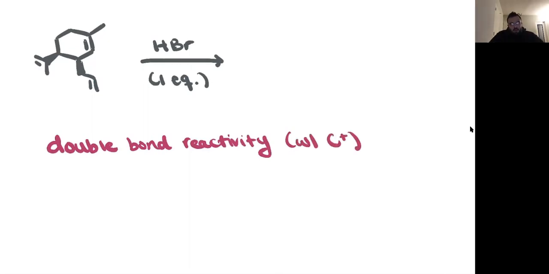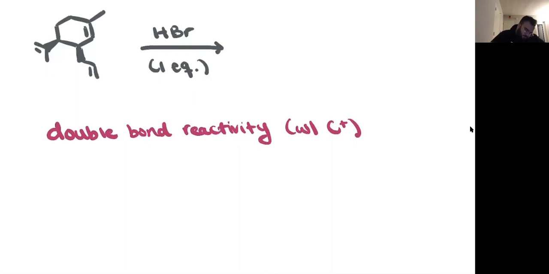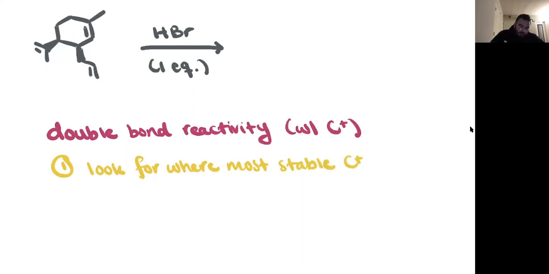That's with a carbocation, not C plus. Okay. Then what we want to go and look at is first going to look at where your most stable carbocation can form.